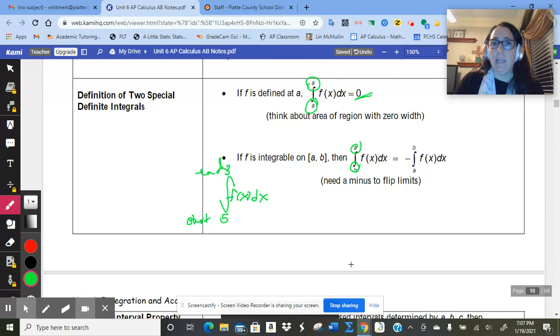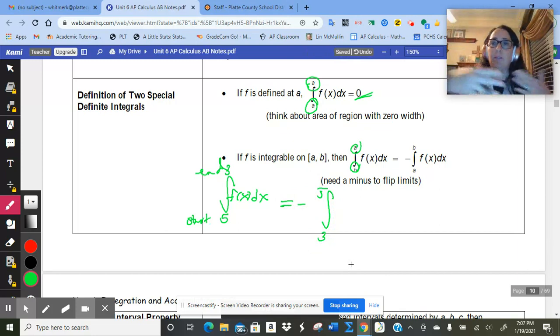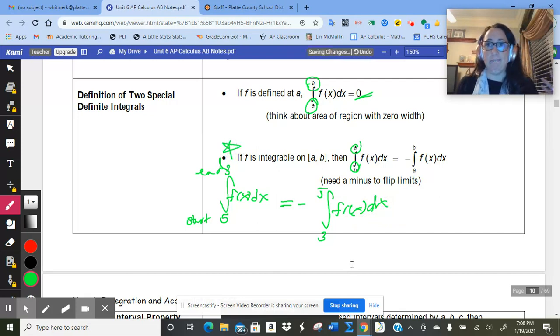But if they are backwards, then we can flip and negate, because you're accumulating in reverse order, which would flip over the x-axis, and so you're getting the opposite of your answer. And this is something you guys will use all the time. This will just be easy, like, oh yeah, no area, 0. Okay?